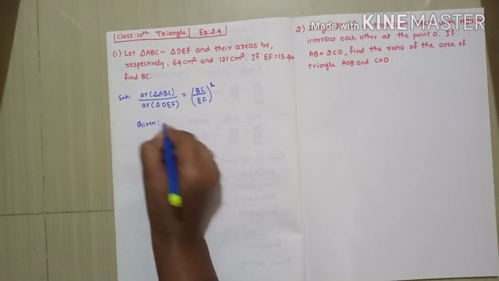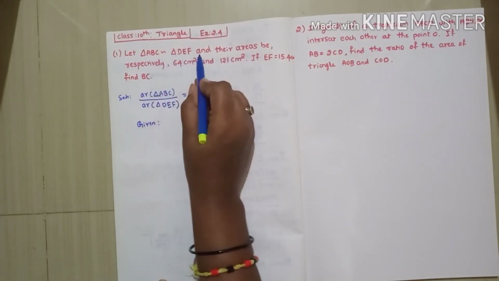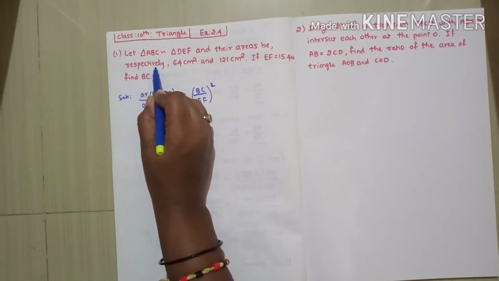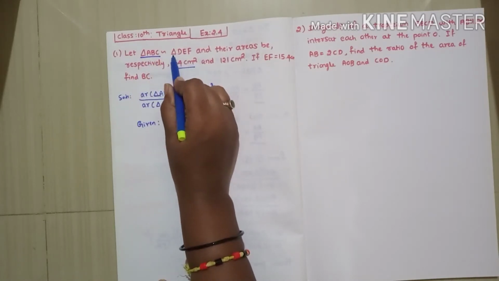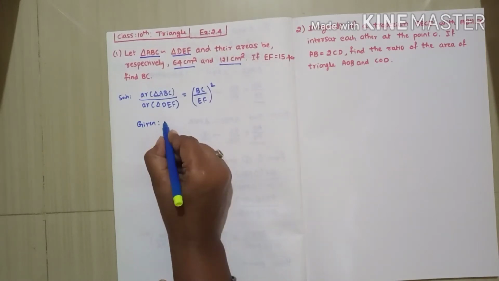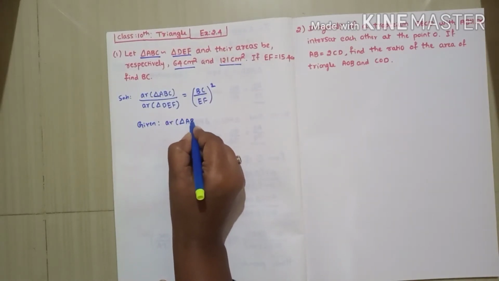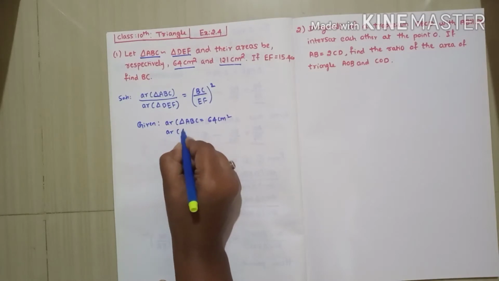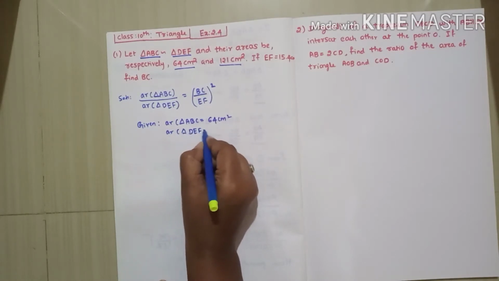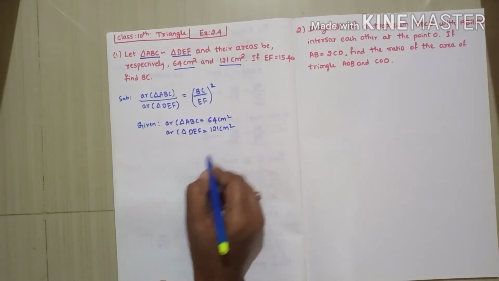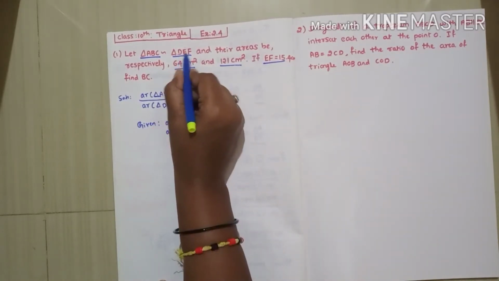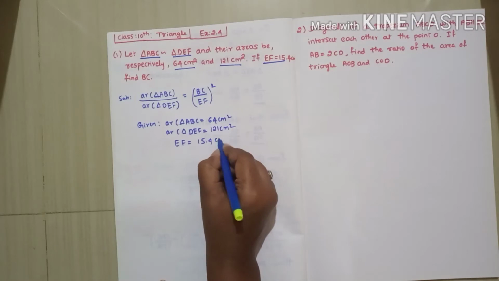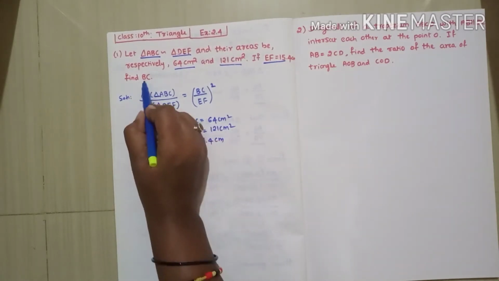Given: the area of triangle ABC is 64 centimeter square, the area of triangle DEF is 121 centimeter square, and the side EF of triangle DEF is equal to 15.4 centimeter.